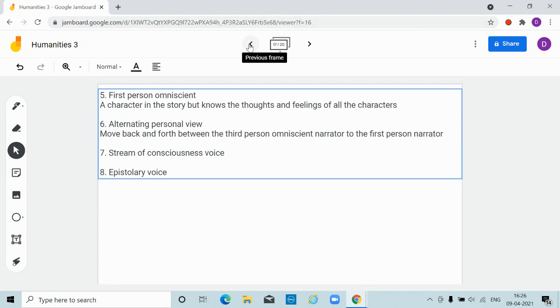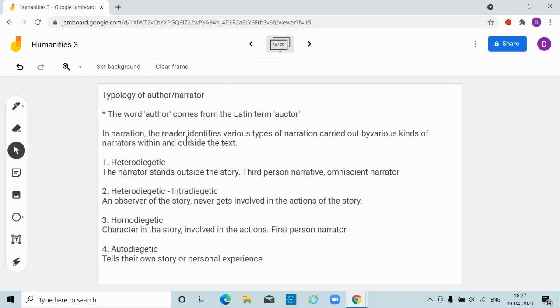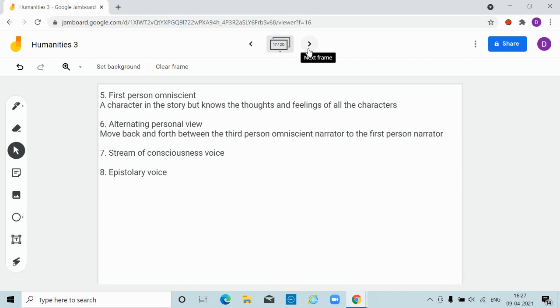That is, in this particular narration, some part of the narration would be done by the third person omniscient narrator, our heterodiegetic narrator. An omniscient narrator who's not a part of the story will do some part of the narration, and then it will later move on to the first person narrator.